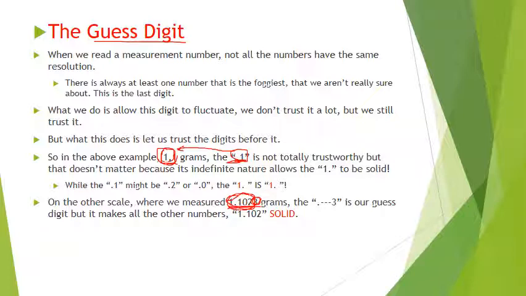This is a really important thing in measuring. You're always allowed to have one guess digit, and you're always going to be unsure about it, and that's okay. If I just wrote down 1.102 as my answer, then that would make this blurry, and these guys good. So there's a difference between these two numbers.